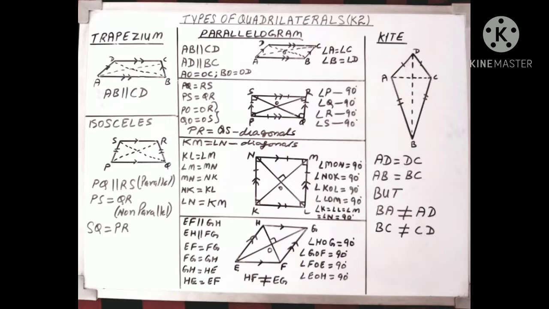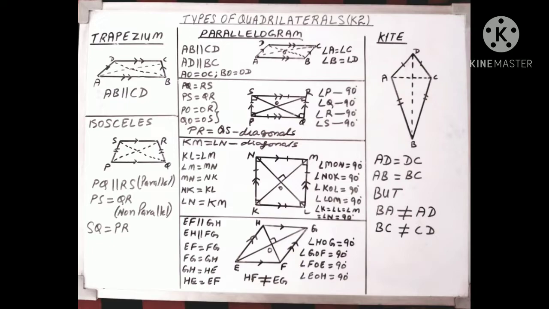So such a trapezium will be called an isosceles trapezium if the non-parallel sides are equal, right? And by default the diagonals of an isosceles trapezium are always equal. I hope you got it, right?